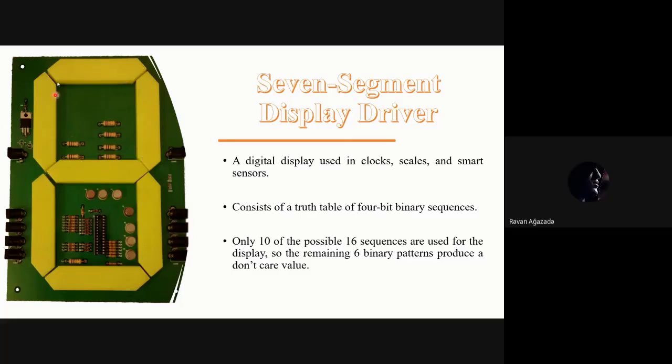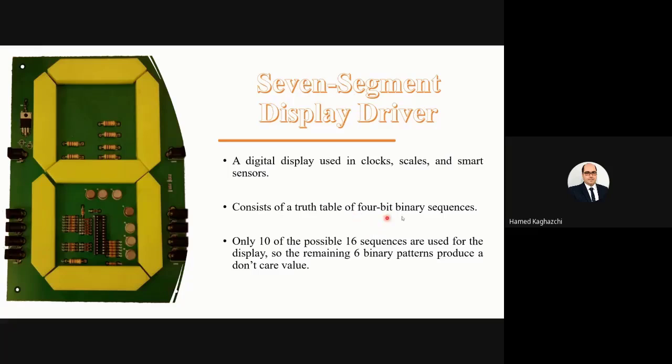So how many numbers can I represent with the 7-segment? From 0 to 9, up to 9. 10 numbers can I represent, but the last number is 9. It means that how many bits do I need to represent the numbers?